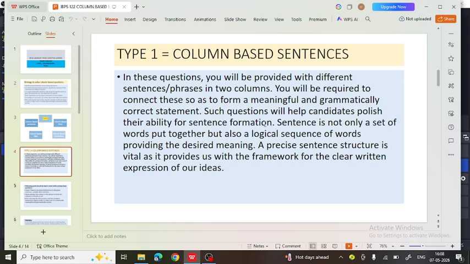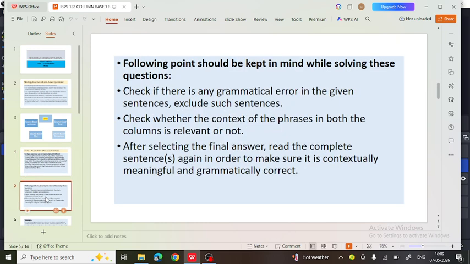A sentence is not only a set of words put together, but also a logical sequence of words providing the desired meaning. So the sentence you make by joining two options from two different columns should have proper meaning. A precise sentence structure is vital as it provides the framework for clear writing and expression of our ideas. Proper ideas should be expressed with the joined sentence, and a logical sequence must be there.